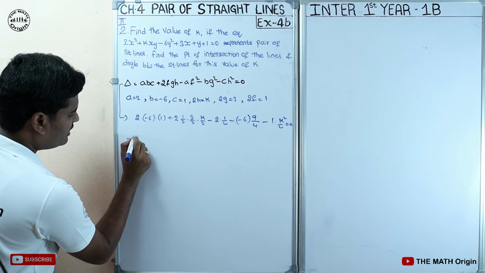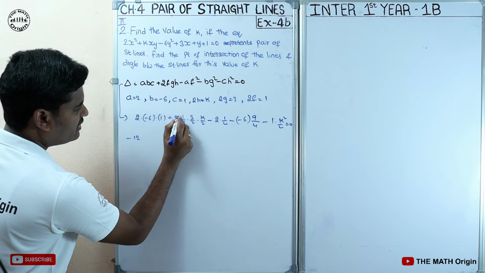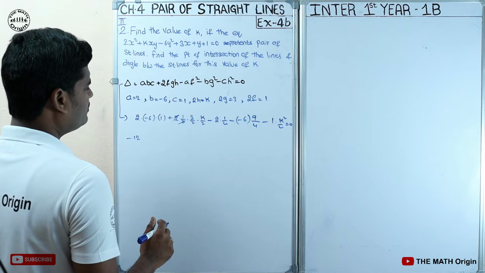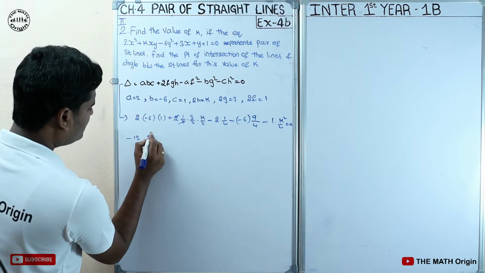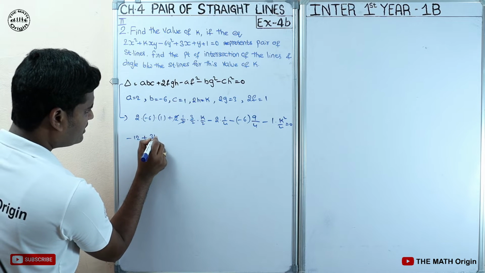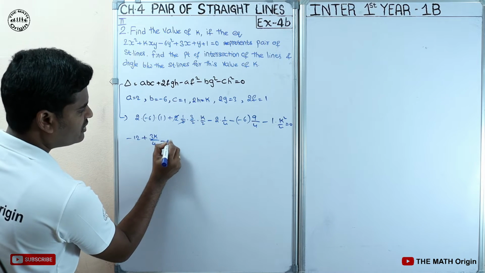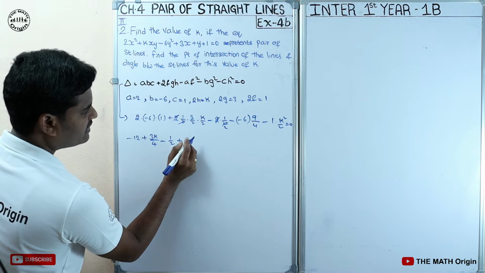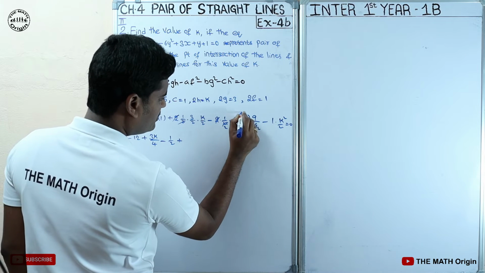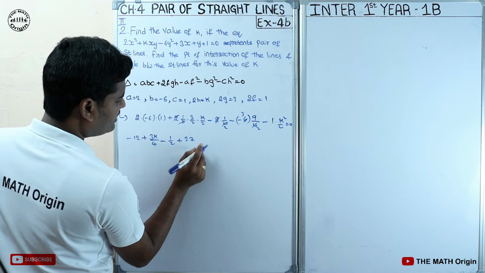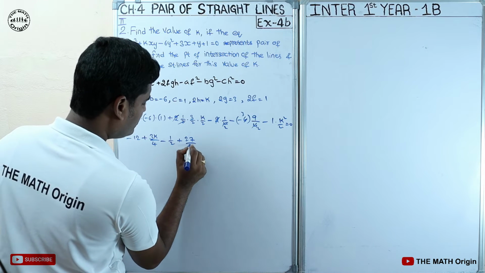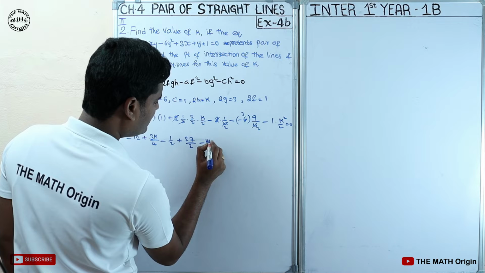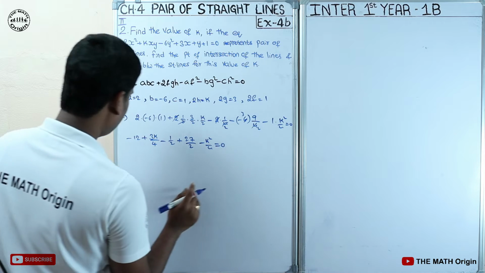Okay, from this the value is -12, and here 2 is cancelled, 2fgh. Okay, the value is plus 3k by 4 minus 1/2, next plus 2, 2 threes are 6, plus 27/2, minus k square by 4 equals 0.